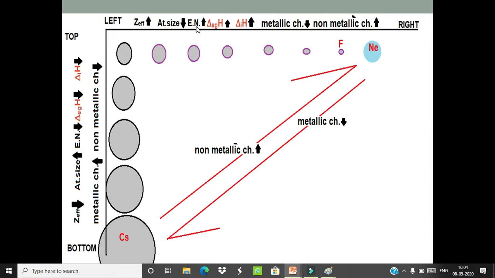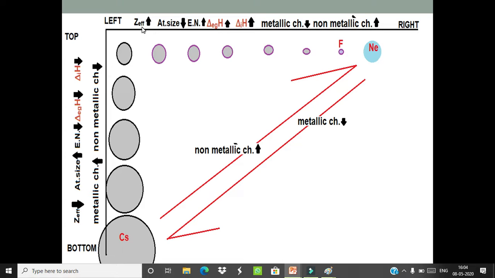We can explain electronegativity, electron gain enthalpy, ionization enthalpy, metallic character and non-metallic character by giving the reason of atomic size. But if we have to explain atomic size, then we have to give the reason in favor of Z effective. So basically, Z effective is responsible for such behavior of these trends.